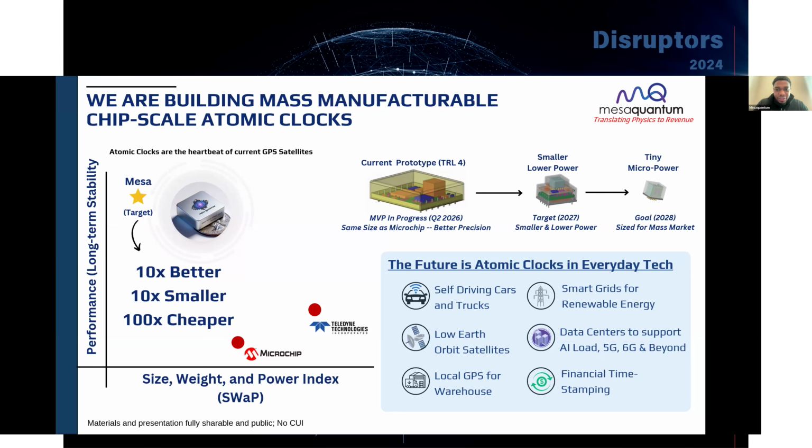And so we decided to, similar to what Inflection has proposed, but on a different scale, really advance the broader adoption of these atomic clocks to mass market opportunities, demonstrating some new improvements, making them even smaller than the existing CSACs, and really driving new improvements in the manufacturing and reliability side, so that we can actually produce these at scale and at a volume that you can start to see them integrated into not just DoD, but into autonomous vehicles, into our energy grid systems, into telecommunications, into LEOSat operations, and some local PNT applications like GPS warehouses, satellites, or construction projects.